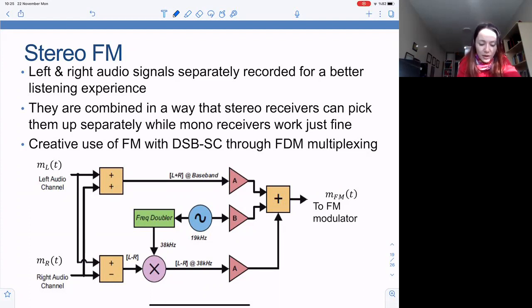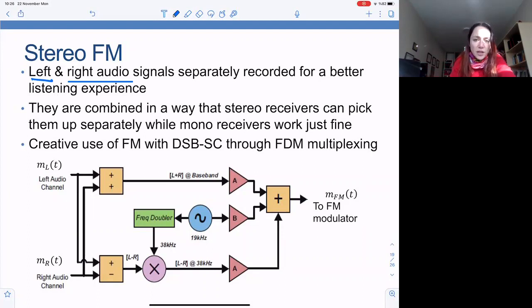Okay, so how is stereo FM done? The left and the right audio signals are recorded separately in the studio. So you have two signals: the sound signal coming from the left-hand side of the room, or if you want, concert hall, and the right audio signal coming from the right-hand side of the studio or concert hall.